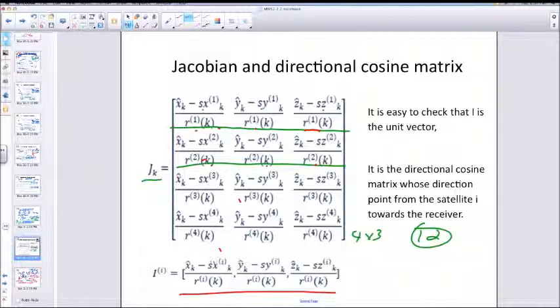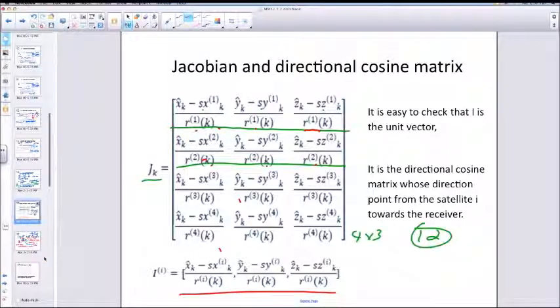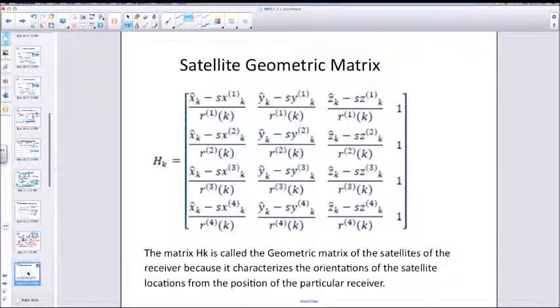Well, that very much characterizes the user position, because the satellite position is known. Only the user position we do not know. But once you get this matrix, if it's correct, you get the direction from the points towards the user. So basically, you get the vectors, they give you this kind of thing. You can probably guess where the user is, right?